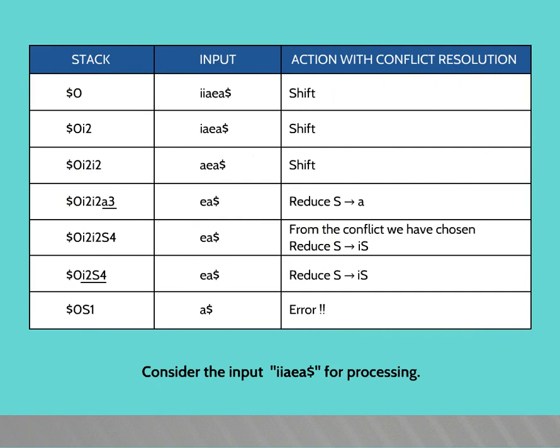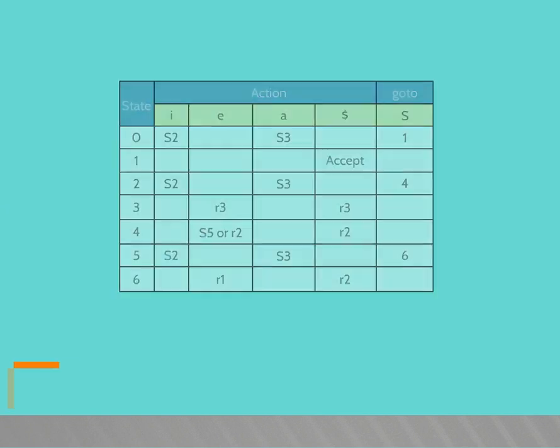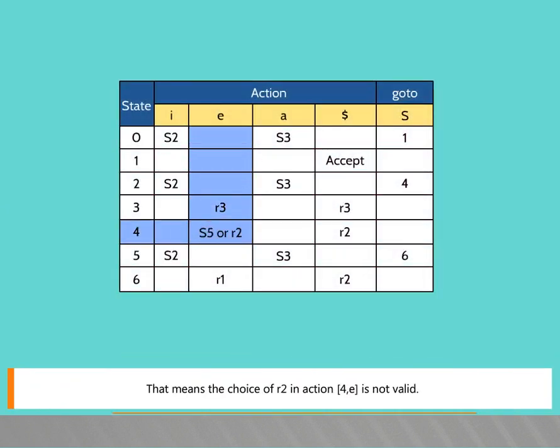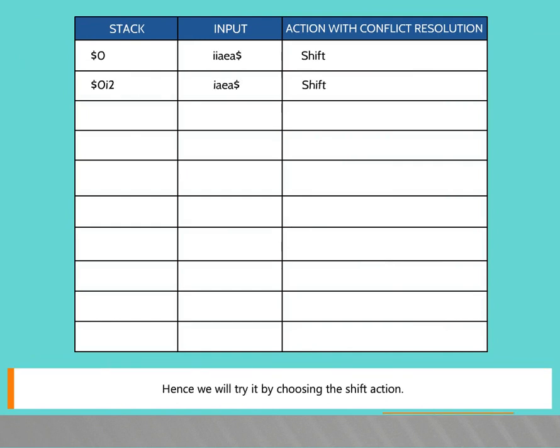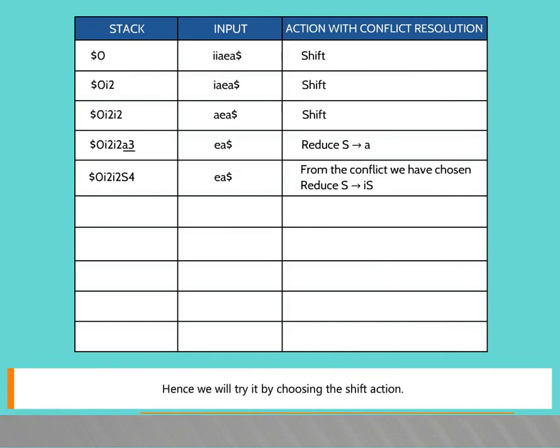Consider the input $AeA for processing. That means the choice of R2 in action[4, e] is not valid. Hence, we will try choosing the shift action.